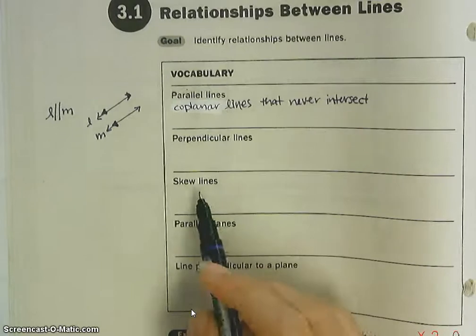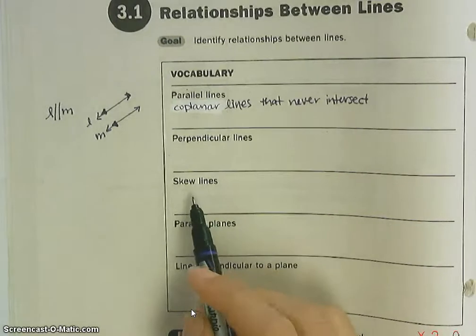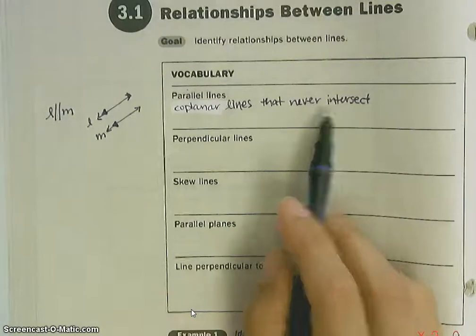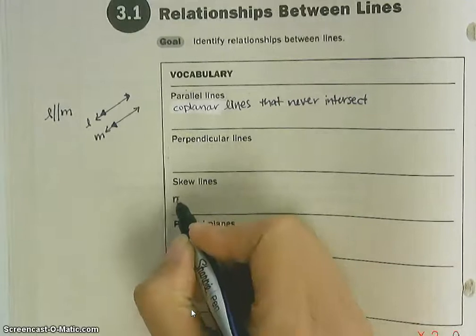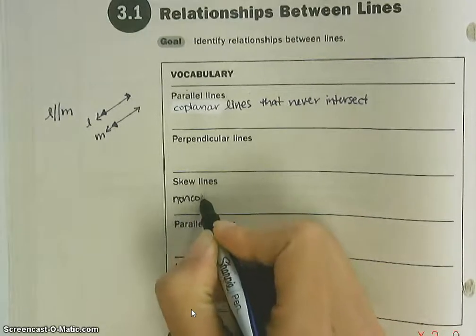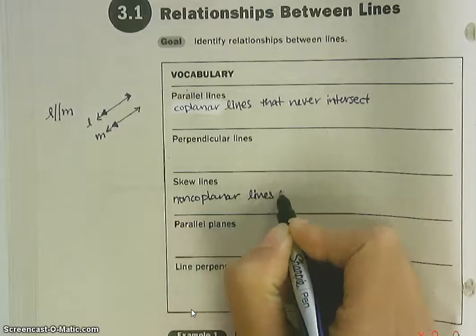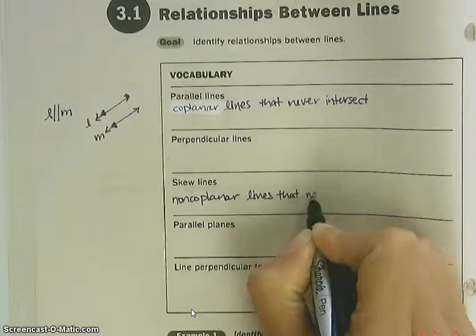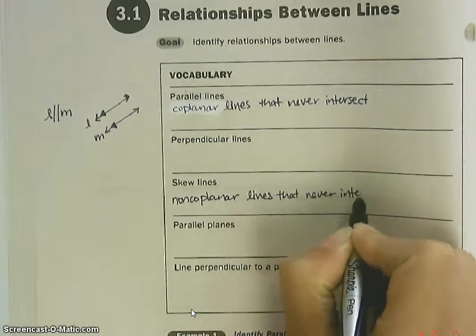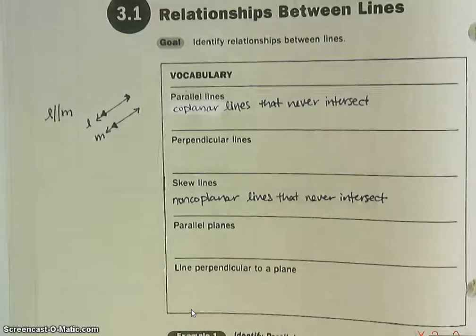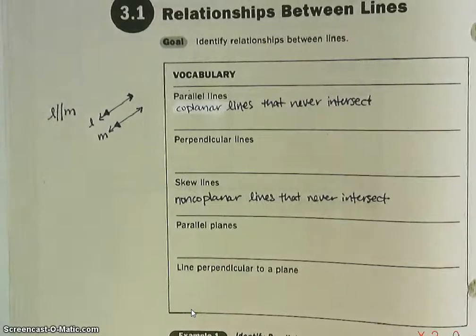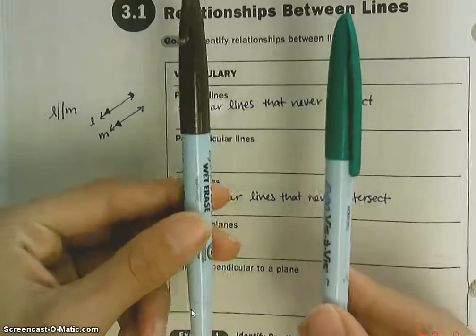Now we're going to skip to skew for a second. Skew lines are similar to parallel lines. They never intersect, but they are non-coplanar. And we'll talk about that. So here are two parallel lines.